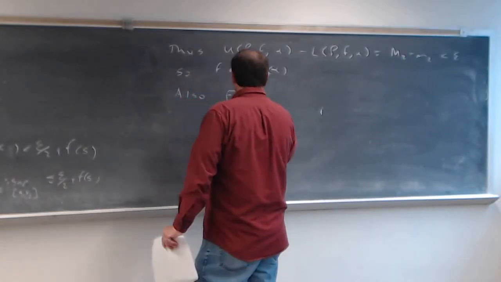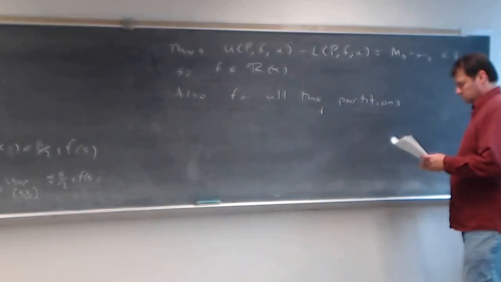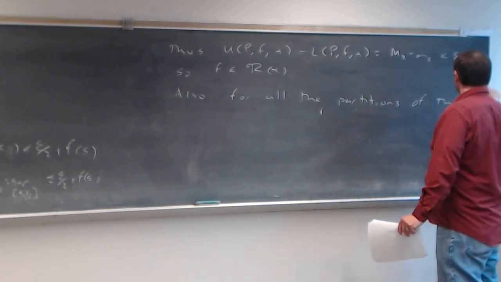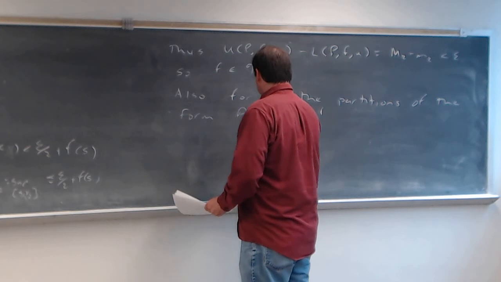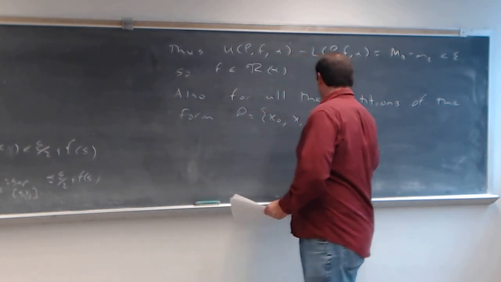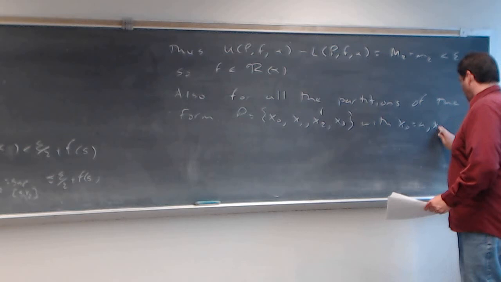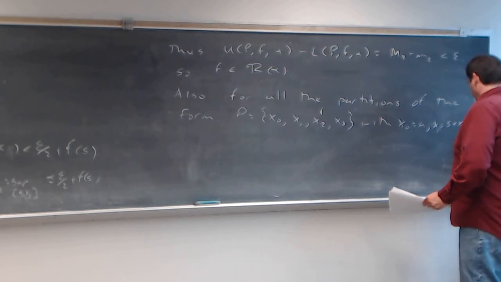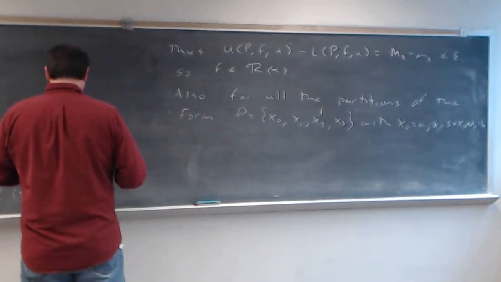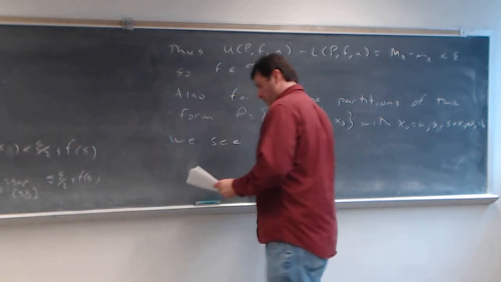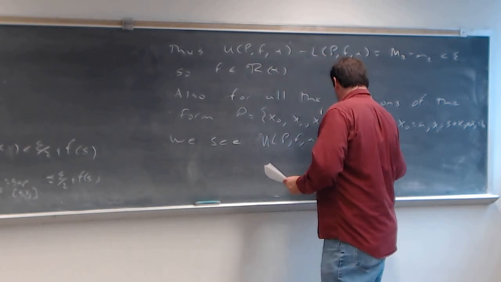Now, also, for all the partitions of the form P equal to x0, x1, x2, x3 with x0 equaling a, x1 equaling s, less than x2, which is less than x3, which equals b, we see that these upper sums with such partitions are less than or equal to epsilon over 2 plus f of s.